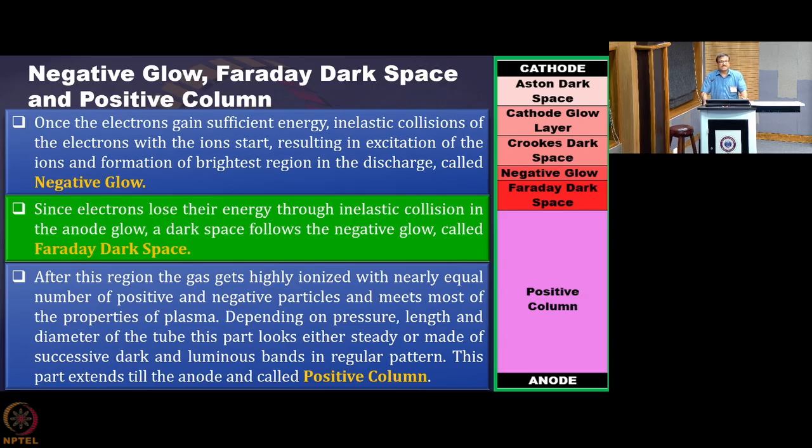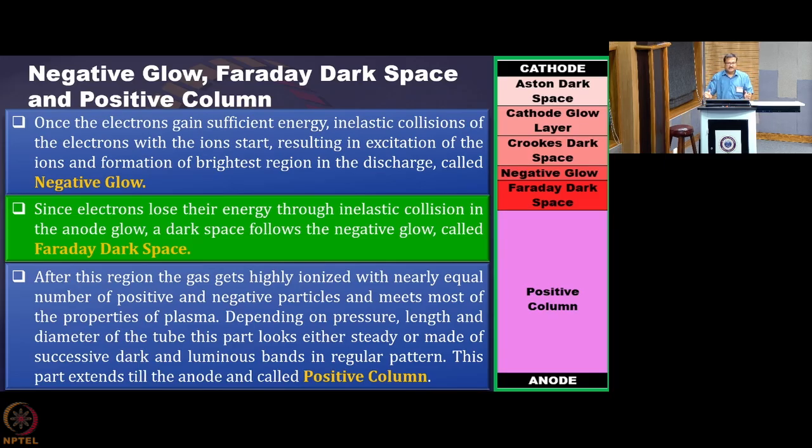The ionization produced because of that is huge, and it meets all the properties of plasma. Depending on the pressure, length and diameter of the tube, this part looks either steady or made of very successive dark and bright bands. This is called the positive column, and it extends till the anode.